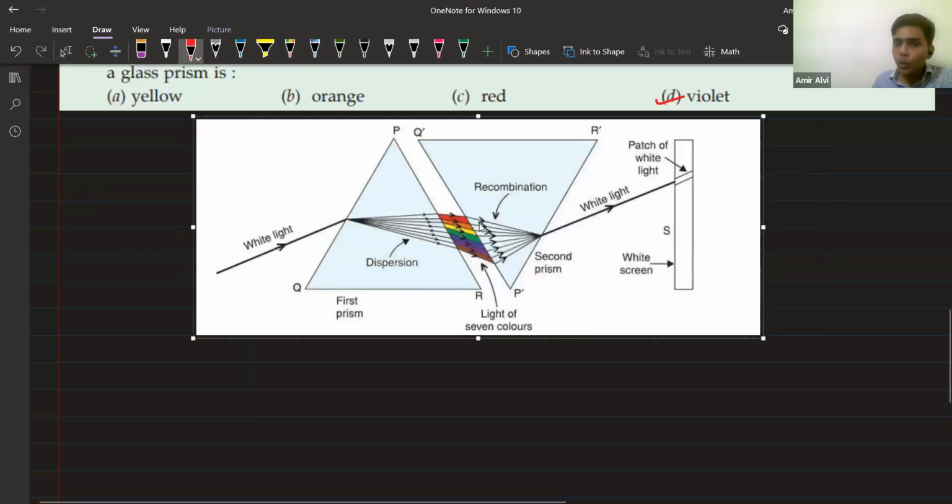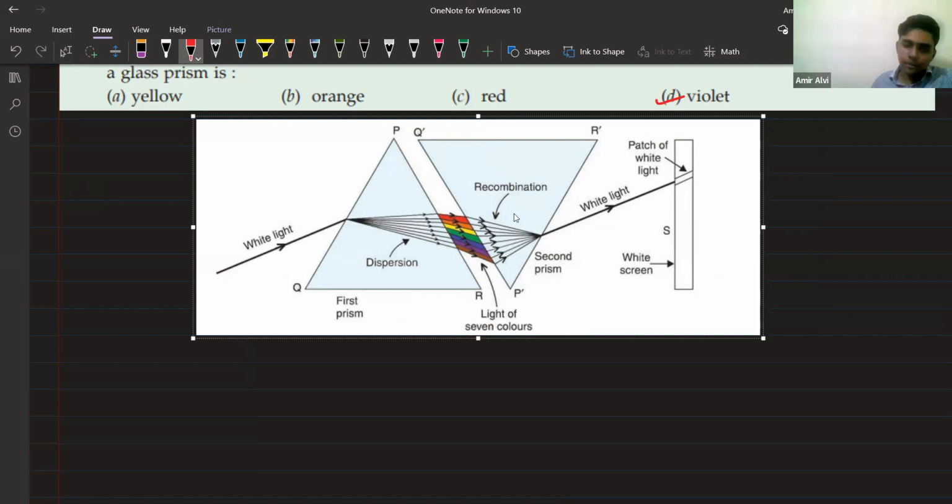The 7 colors will recombine to form white light. This is called the recombination process. Junaid and Zainab, is this clear?